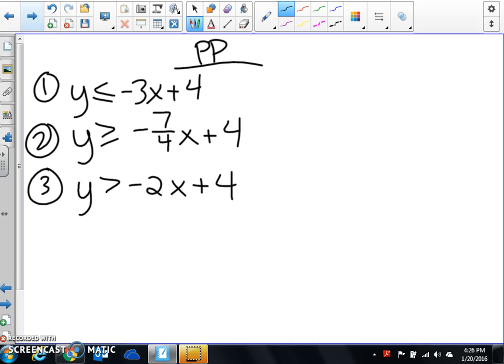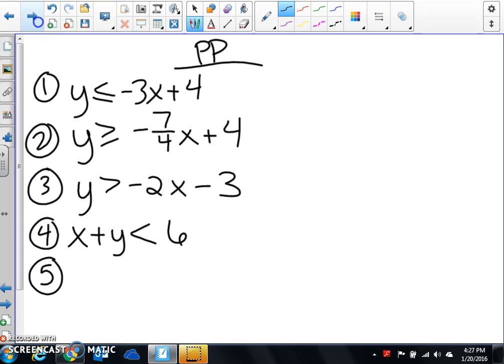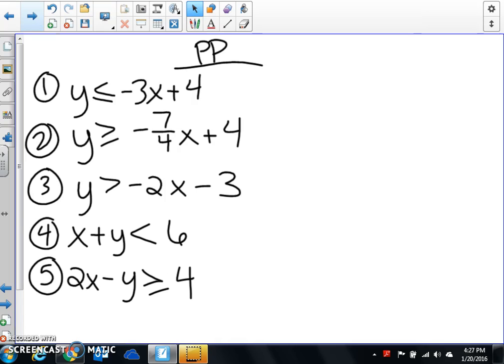What's up with all these plus 4s? Maybe not. Let's do minus 3. 4, x plus y is less than 6. And 5, 2x minus y is greater than or equal to 4. All right, there are your practice problems.